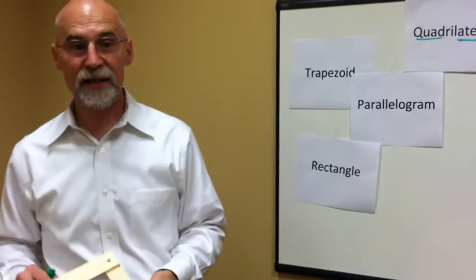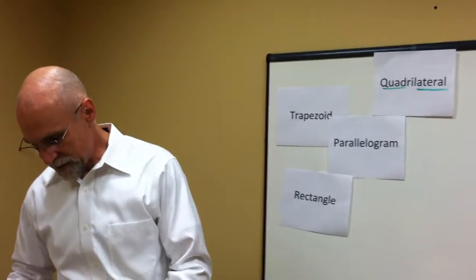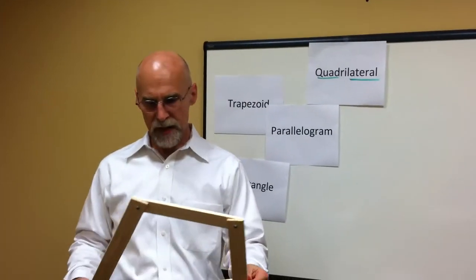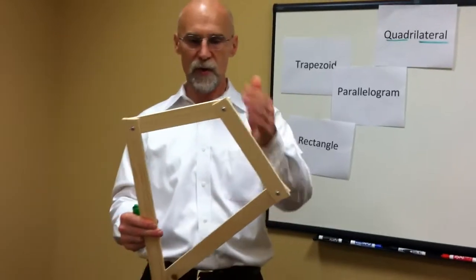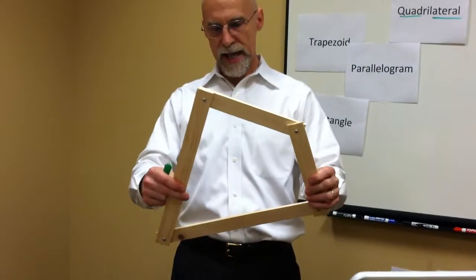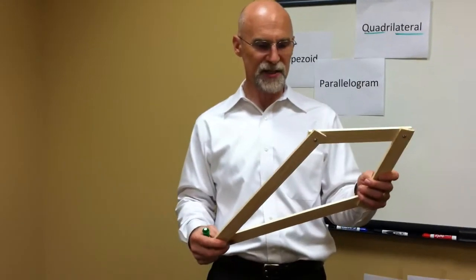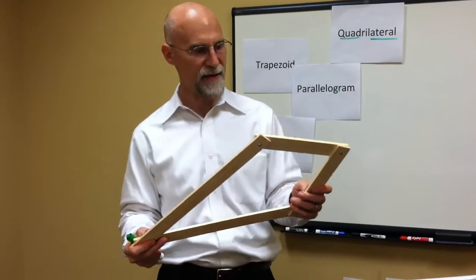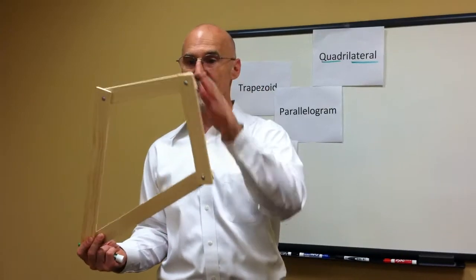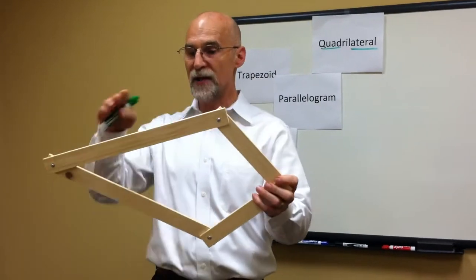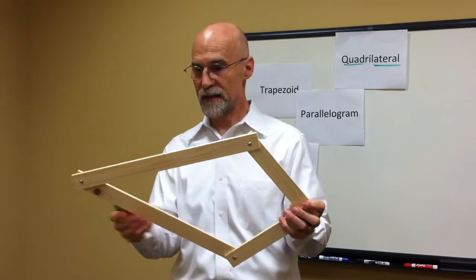Now, we can continue getting more and more specialized. This quadrilateral is a little different. As we can see, it has no parallel sides, although it is a quadrilateral. And the interesting thing about this one is it's defined by having two adjacent sides of the same length and two other adjacent sides of the same length.